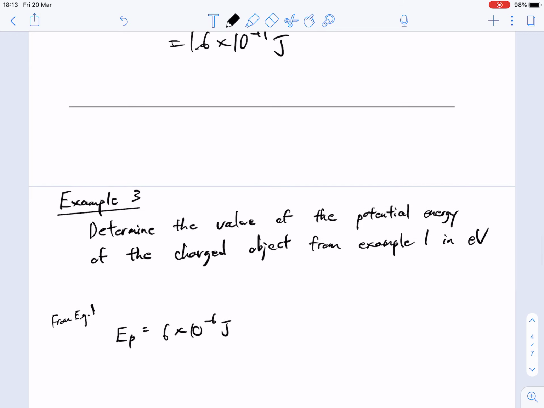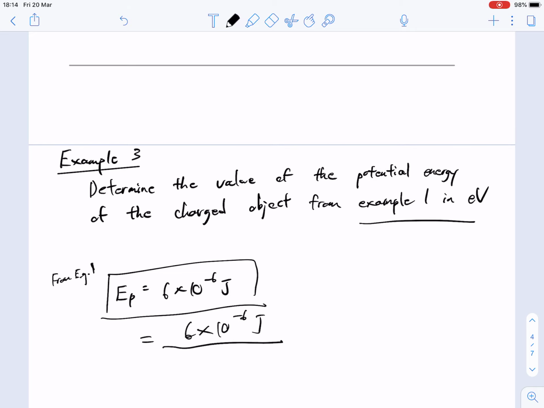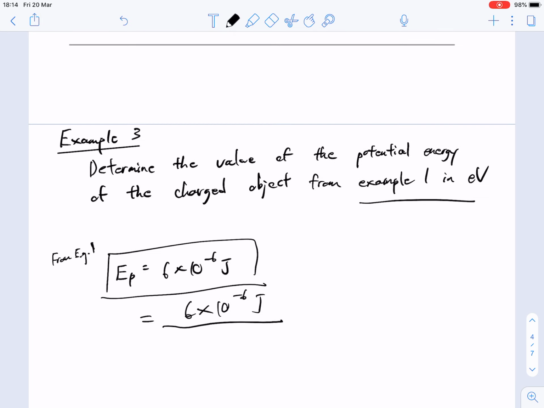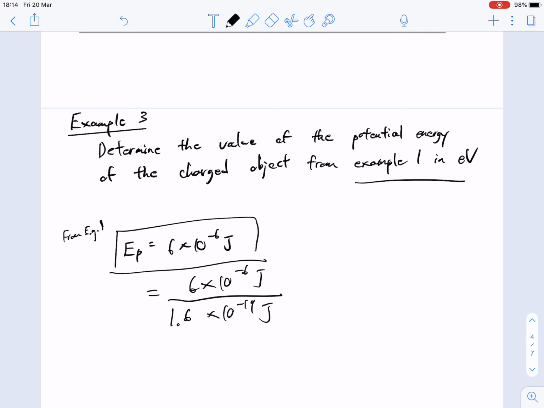So let's have a look at an example of that. We're given the potential energy, and we're asked to translate it into electron volts. So all we need to do is to divide that by 1.6 times 10 to the minus 19 joules, and we will end up with our electron volt calculation.